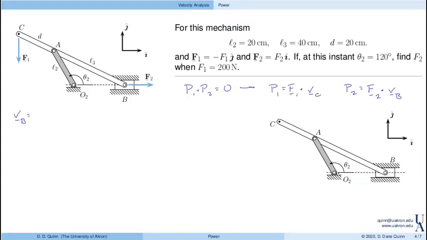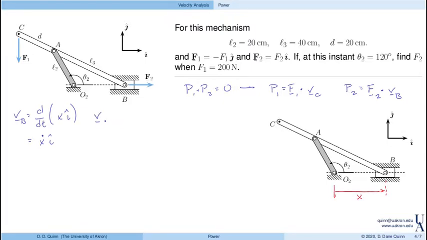The vector from O2 to B has known direction, but unknown magnitude. So we need a coordinate there, x. Again, the velocity is the derivative of position. Here, the position is x in the I direction. So that reduces to just x dot in the I direction, because of course I is a fixed direction.